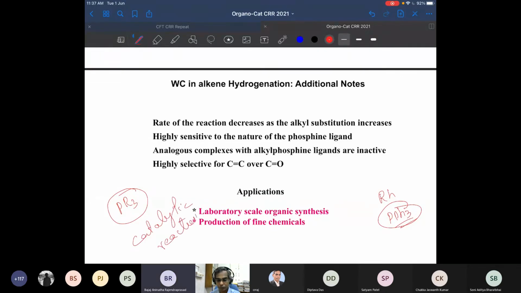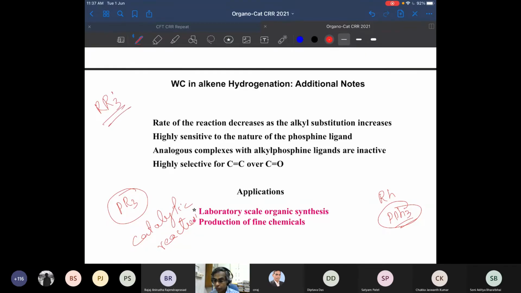So if the alkyl group is not too bulky, then it will not leave, in the last step, I guess. Very good, Bajaj. Basically, there is an electronic effect coming there. There are two: steric effect as well as electronic effect, right? PR3 is not a good leaving group.